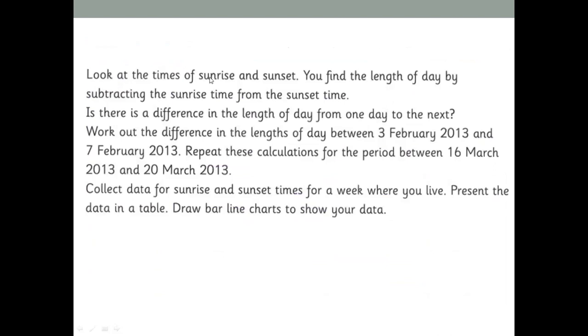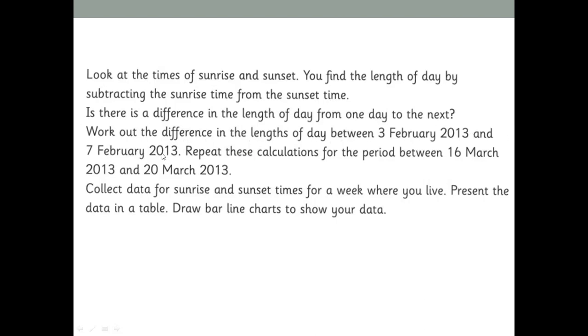This is the explanation for the table. Look at the times of sunrise and sunset. You find the length of the day by subtracting the sunrise time from the sunset time. Is there a difference in the length of day from one day to the next? Work out the difference in the length. This is up to you.